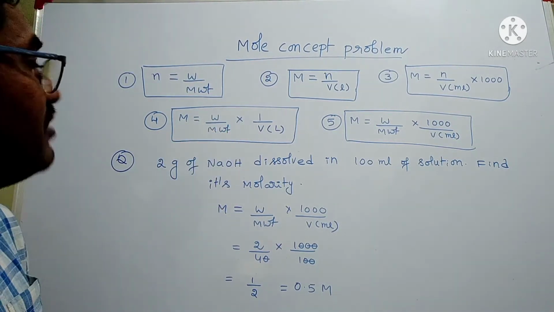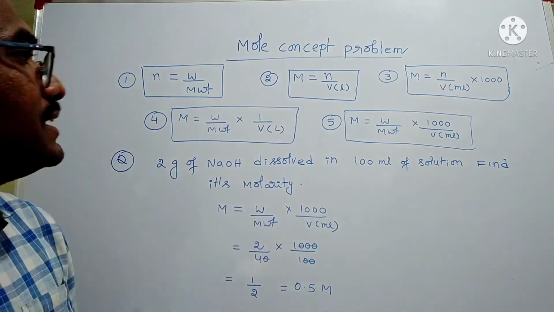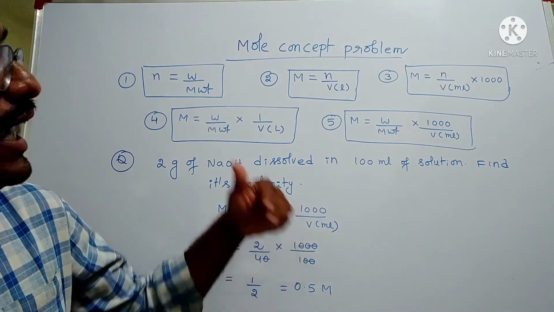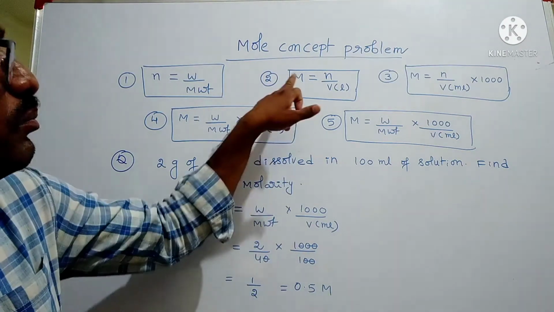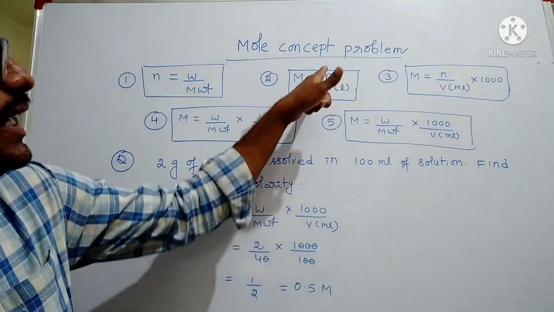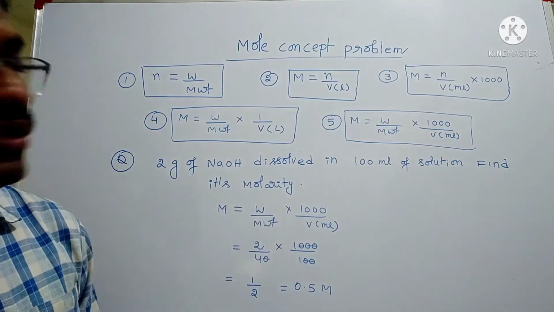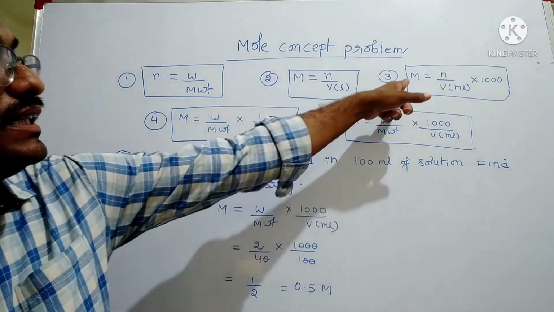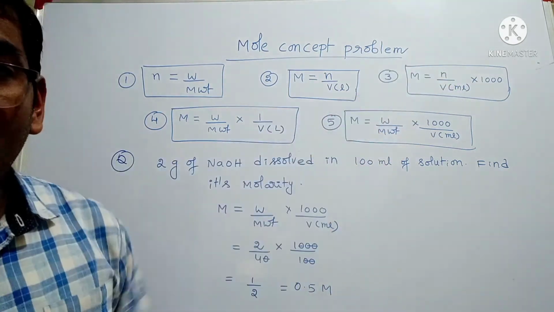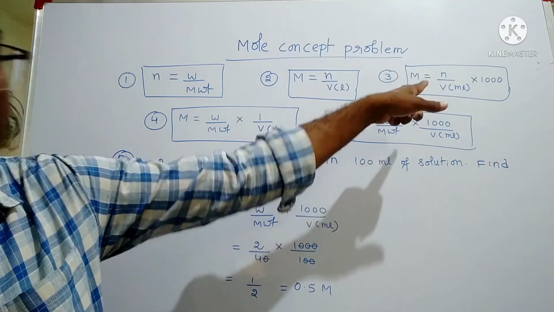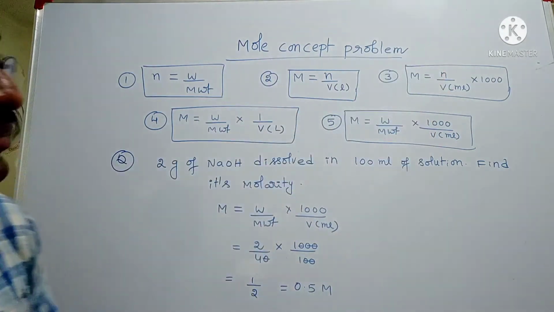Now coming to the next formula, the molarity expansion formula. In the previous case we discussed that molarity is equal to number of moles of solute present in 1 liter of solution. If volume is given in ml, the formula is M is equal to n by V into 1000.